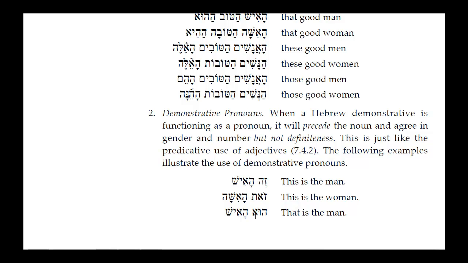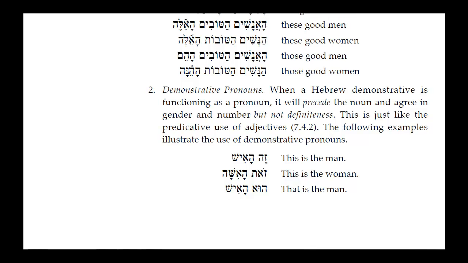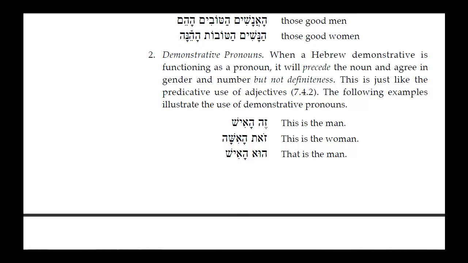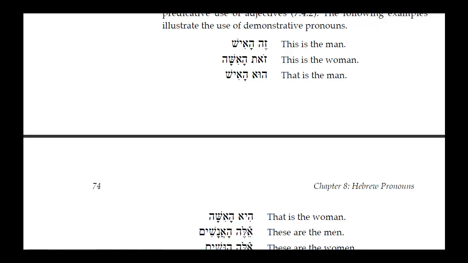Likewise, hu ha-ish, "that is the man." Hu agrees in gender and number with ha-ish, but not in definiteness. So it's just like the predicate adjective in its position and without the definite article.